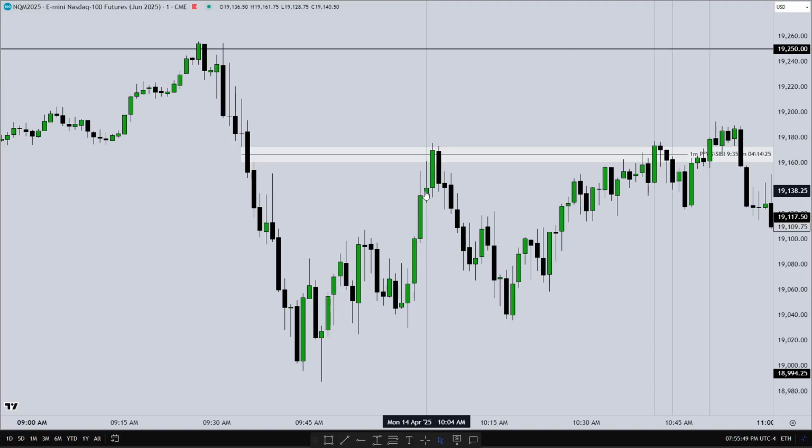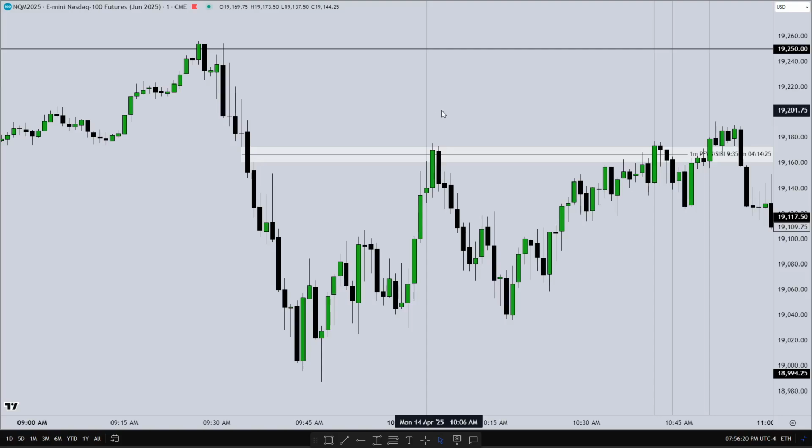Okay, so at 10:04 we have the first interaction with the low of the first presented fair value gap at 9:35, and at 10:05 we have another interaction, but it fails to close. So right here we've touched the low, we've gone up, we've touched the high, and then at 10:06 we have the high of the gap touched once more.